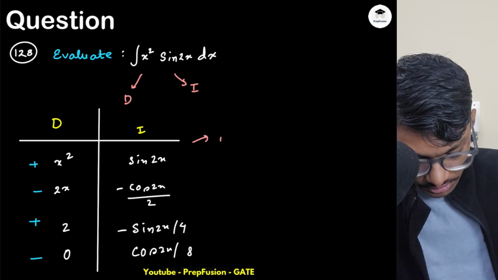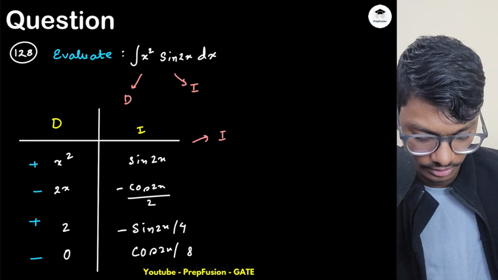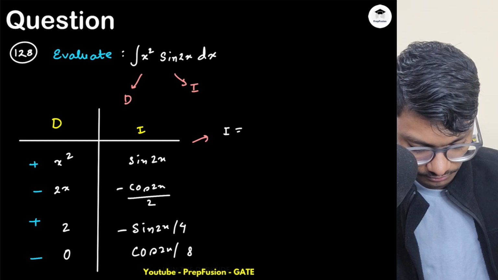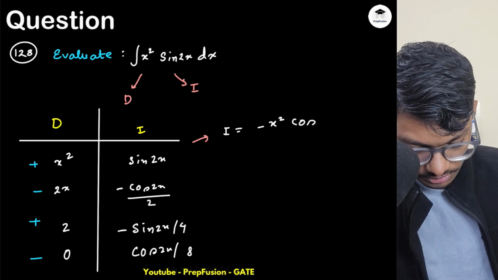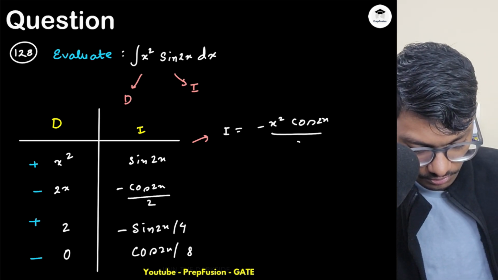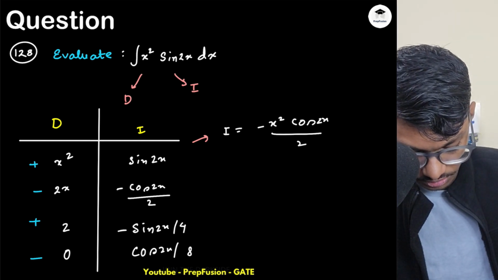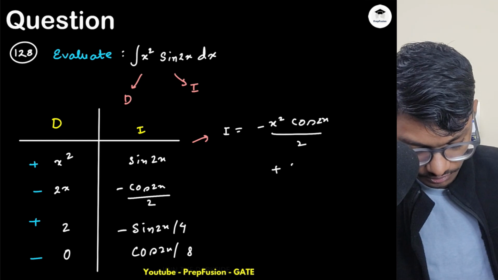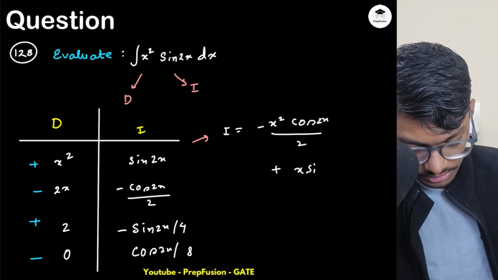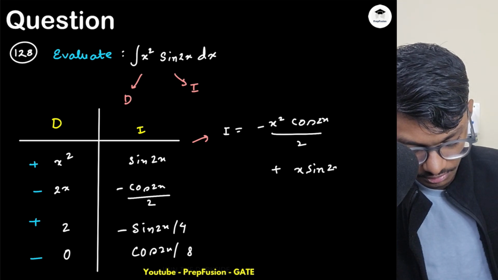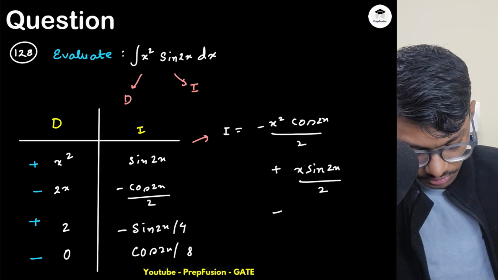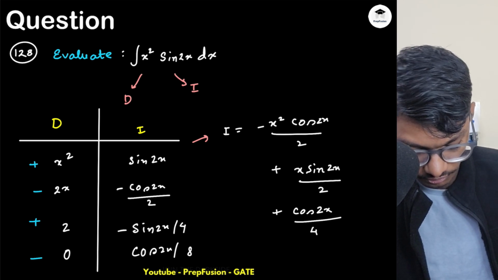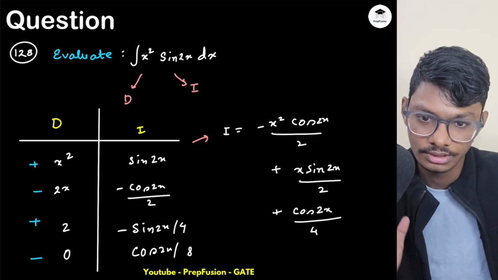So my integration I will be equals to simply minus of x square cos 2x by 2, and this one will become plus of 2 times x sine 2x by 4, and this one becomes plus cos 2x by 4. Okay, so basically this will be your answer.